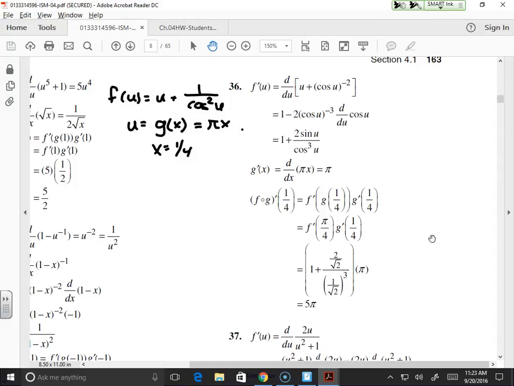The outside, F prime of u, would just be 1 plus, technically, I would just say that this is secant squared of u. Why does u become 1? Because it's the derivative of u. That is what I missed. Derivative of u is 1. And then the derivative of secant squared of u would be 2 secant of u times secant tangent of u. So 2 secant squared of u, tangent of u, right?